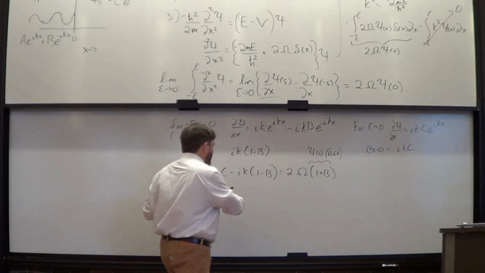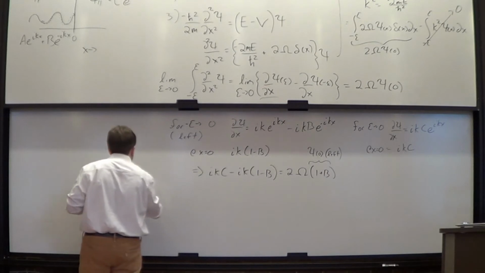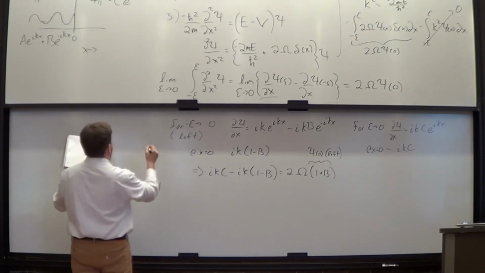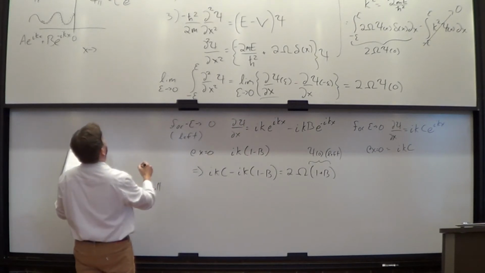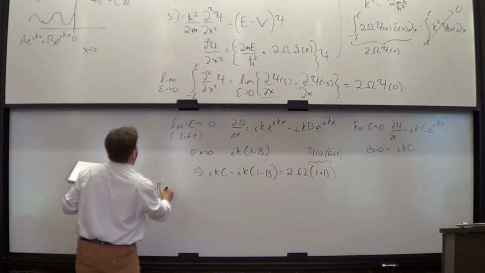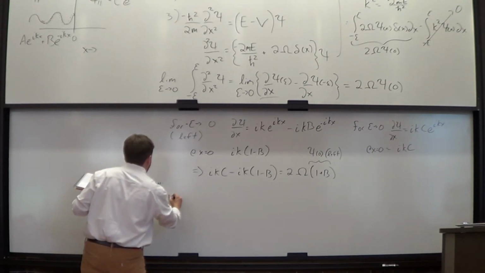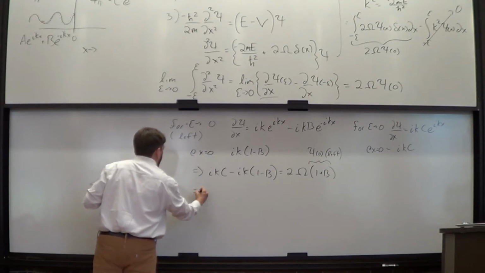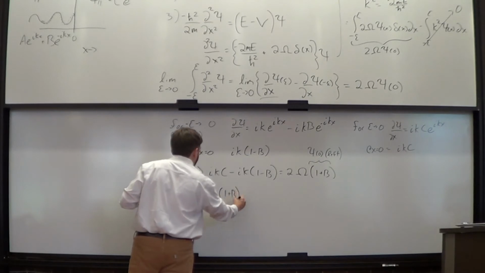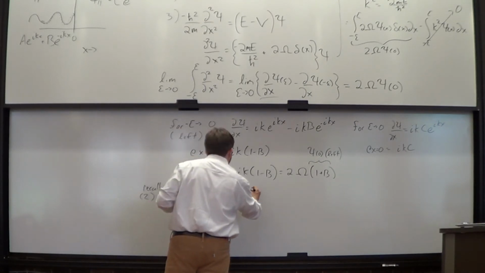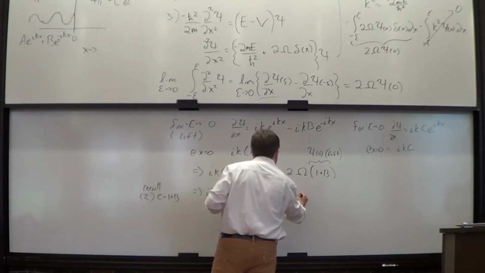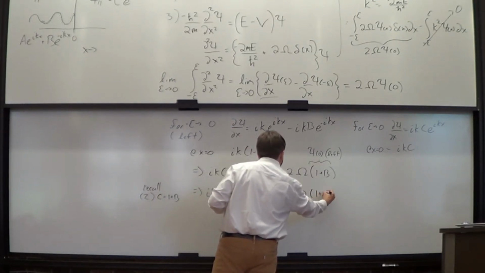Next, you recall from step 2 that c is equal to 1 plus b. So therefore you've got ik times 1 plus b minus ik times 1 minus b is 2 gamma times 1 plus b.